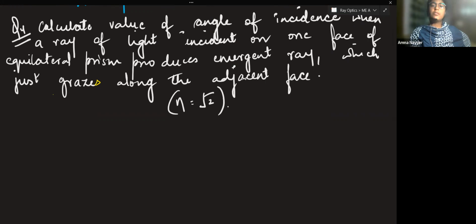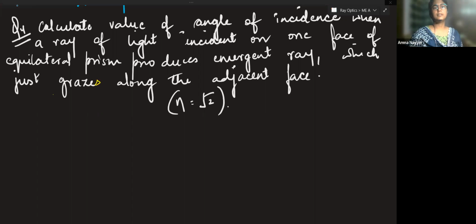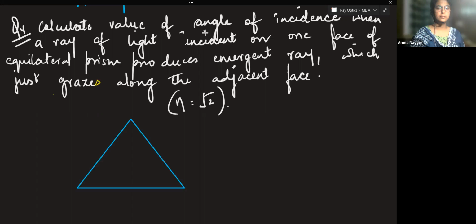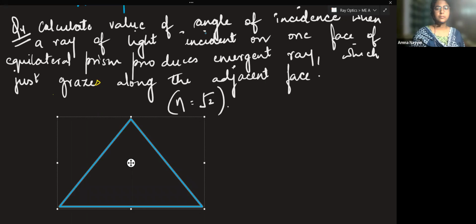Calculate the value of angle of incidence when a ray of light incident on one face of an equilateral prism produces an emergent ray that just grazes along the adjacent face. This means what? This is the angle of prism.